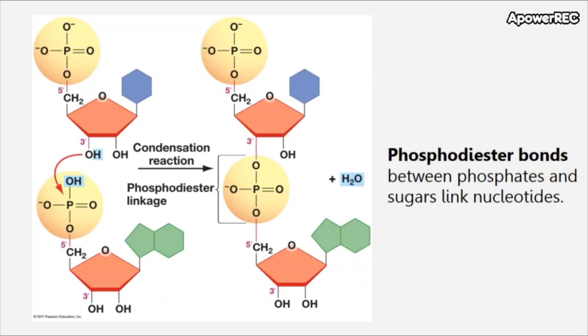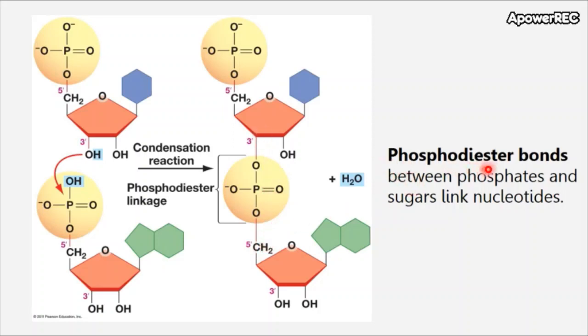These building blocks are linked together through what is known as a phosphodiester bond. So remember that we had a phosphate that is attached to the sugar, and these phosphates act as a bridge connecting one nucleotide to the next. If we examine this phosphate group in between these two ribose sugars, we'll notice that on either side of the phosphate there is an oxygen that links to the other sugar.